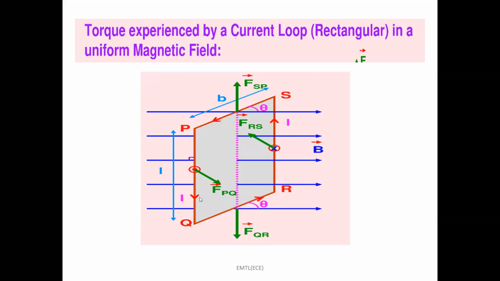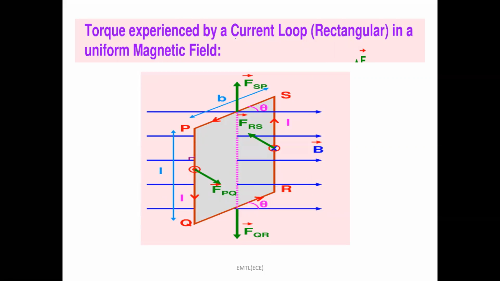Whenever a current carrying loop is placed in a magnetic field, as we discussed according to the Lorentz magnetic force, it automatically starts rotating.